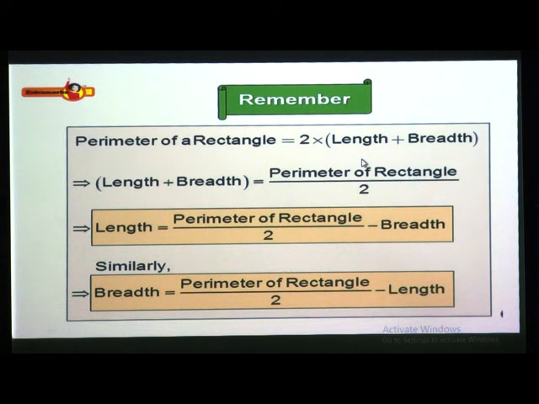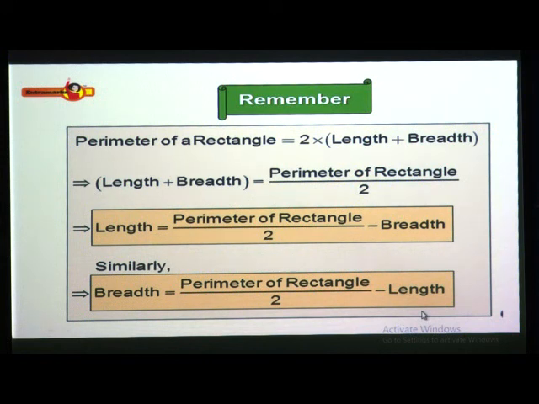Now, if we need to find the length and breadth, the 2 goes to the right-hand side and it becomes divided by 2. If we need to find the length, then it is the perimeter of the rectangle divided by 2 minus breadth. Similarly, if we need to find the breadth, it is the perimeter of the rectangle divided by 2 minus length.